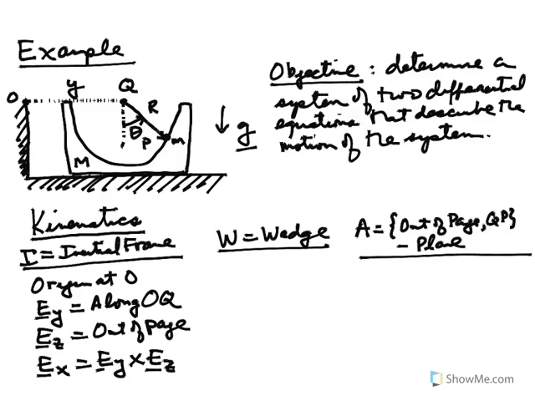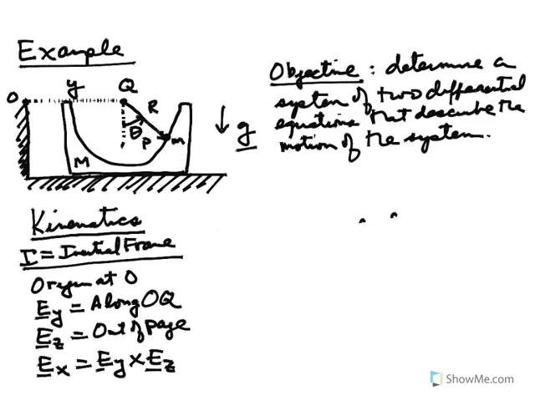The next frame is going to be the wedge, and strictly speaking we don't really need the wedge, but it may be helpful. Actually, in this case, you know what? Let's just drop the wedge. We don't need the wedge. We're only going to use two frames. So the second frame is going to be the frame A, which I can define as the EZ QP plane.